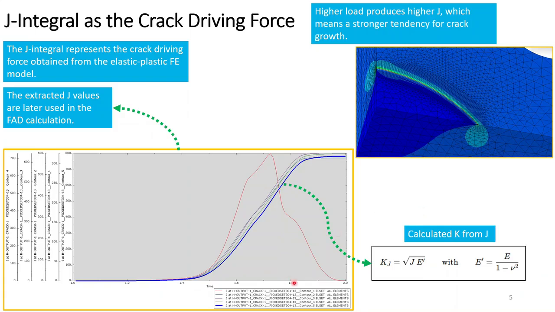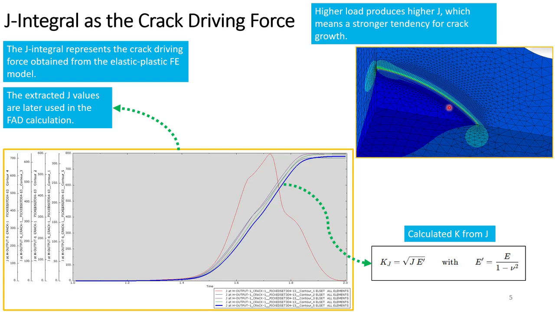After the model is solved, the key fracture parameter I extract is the J integral. For this FAD workflow, we first need a finite element tool to obtain J integral from the crack model.